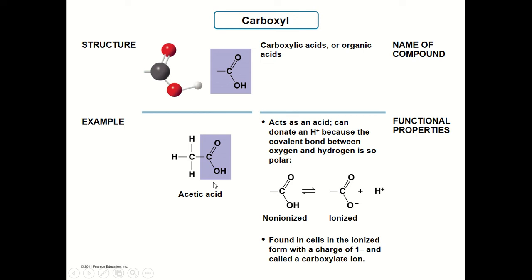The compound that contains the carboxyl group is known as a carboxylic acid or organic acid. It functions as an acid because it can donate the hydrogen ion from the OH, since the covalent bond between the oxygen and hydrogen is so polar.